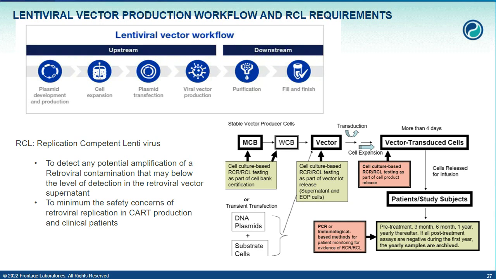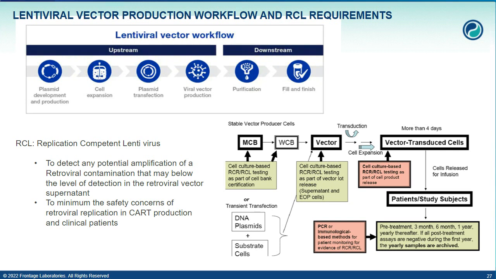So usually RCL is required by FDA to be detected at master cell bank, working cell bank, and during the vector production, and after the viral transduced cells.